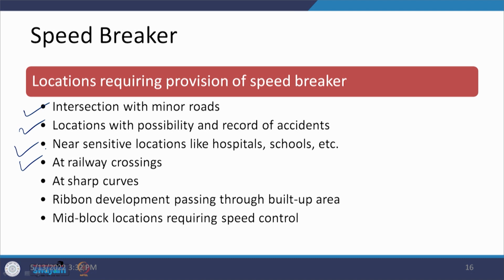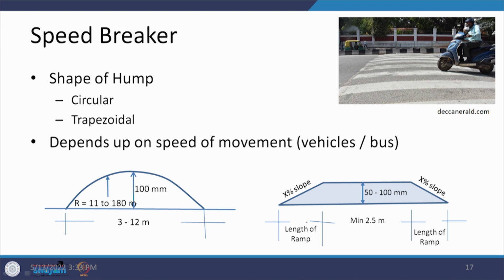At railway crossings, at sharp curves, in the areas with ribbon development when the road is passing through a built up area, because a lot of activity is going to be there, or the mid block locations where the speeds need to be controlled. So, the conditions and the locations are correlated with each other, and that is how you can try and make it out by yourself, what the locations are where the speed breakers need to be provided.